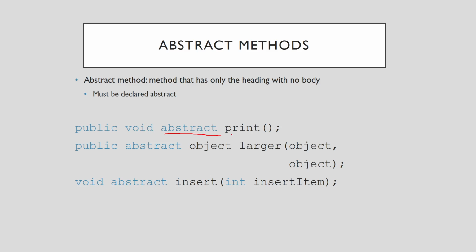Print is the name of the method and it is declared using abstract. This is the abstract keyword. It is only a method heading, ended with a semicolon.